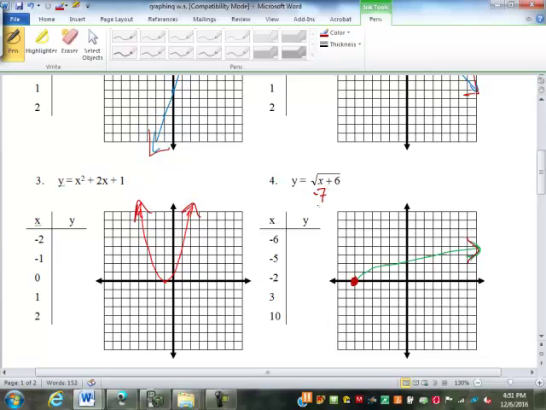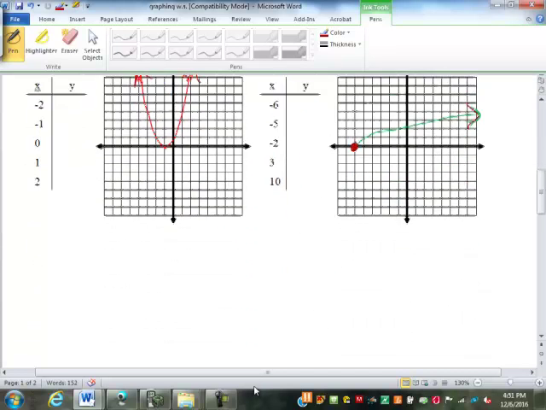If I put in -7, what's -7 plus 6? -1. What's the square root of -1? Calculator won't do it. Well, you can't take the square root of a negative number. So if x is anything smaller than -6, I'd be taking the square root of a negative number. So x cannot be smaller than -6.